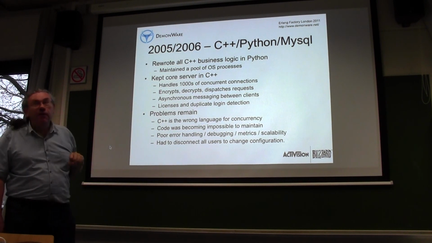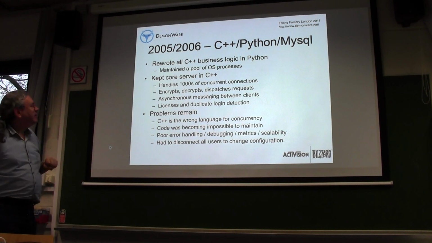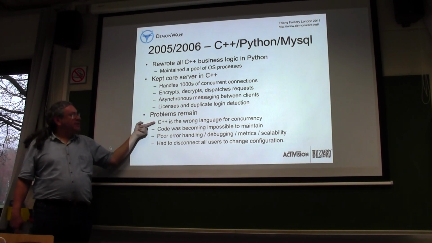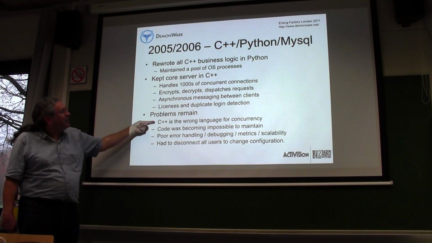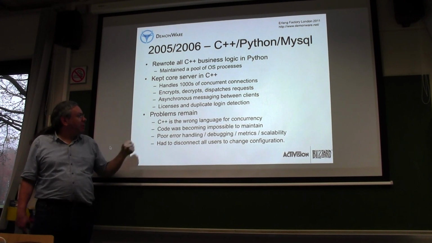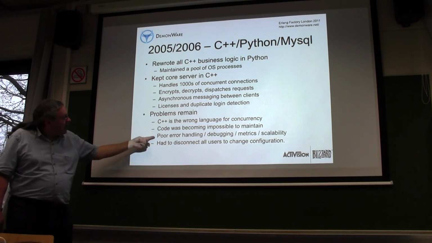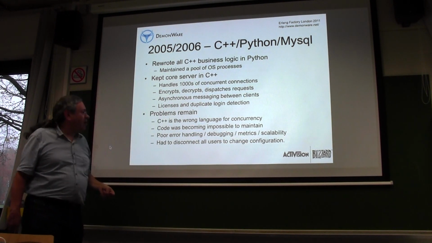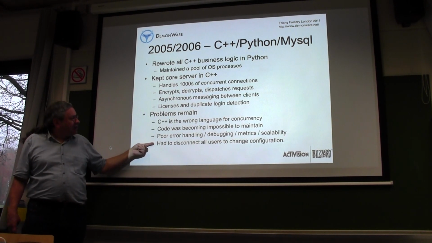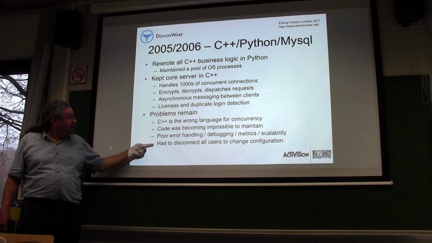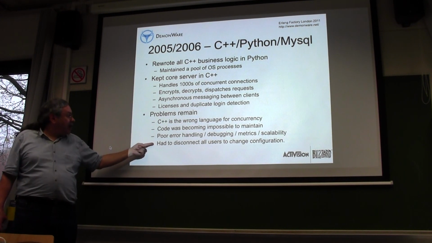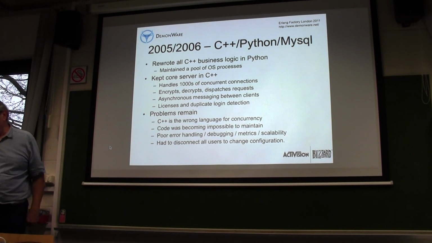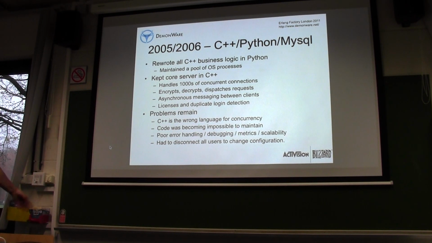But the code was very complicated. So C++ is the wrong language for concurrency in their experience. It was very hard. The code was very complicated, impossible to maintain, poor error handling, debugging was very hard, scalability was very hard. Whenever they had to change the configuration, they had to disconnect all the users. So note that in Erlang, you wouldn't have to do that, okay? So problems.